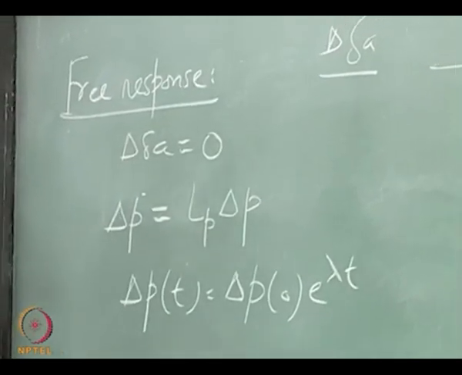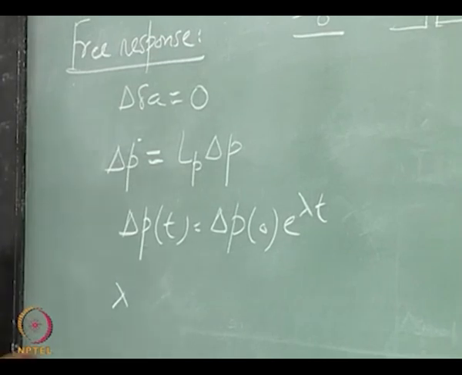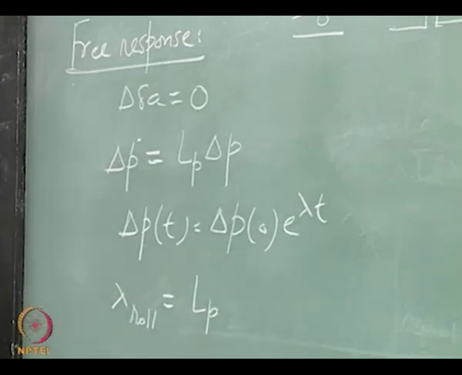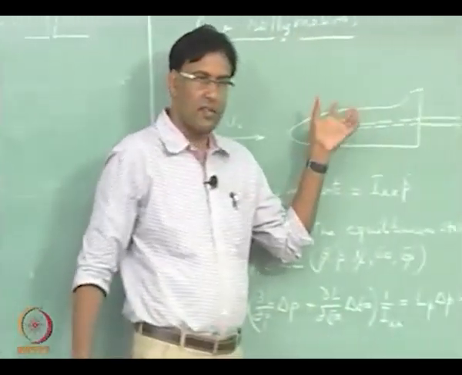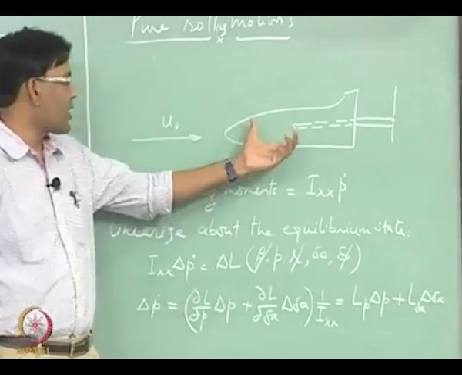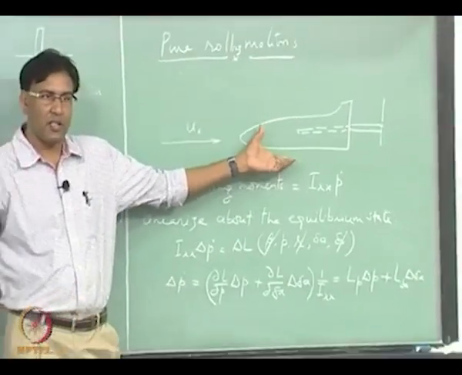Where this lambda is the eigenvalue corresponding to this constrained roll motion, and is equal to... we said that this is a constrained system. Yawing is not there, there is no degree of freedom in yawing for this particular model.